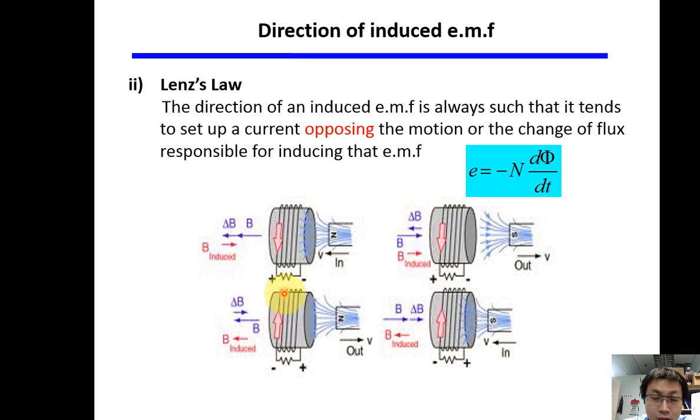Then, according to Lenz's law, this circuit needs to create a magnetic flux that can oppose these changes. So to create it, we use the right hand rule, like this. We will create a magnetic field in this way to the left, so as to oppose the changes. This is Lenz's law. The same happens to the south pole, in this scenario.